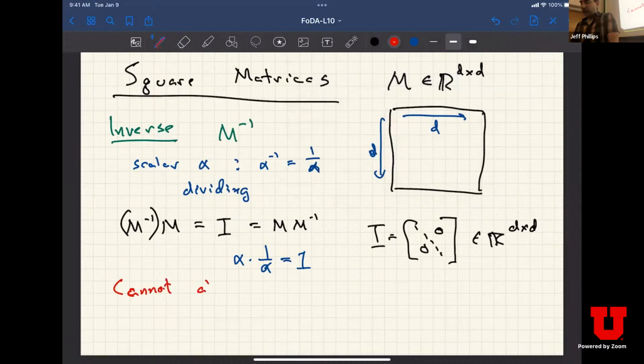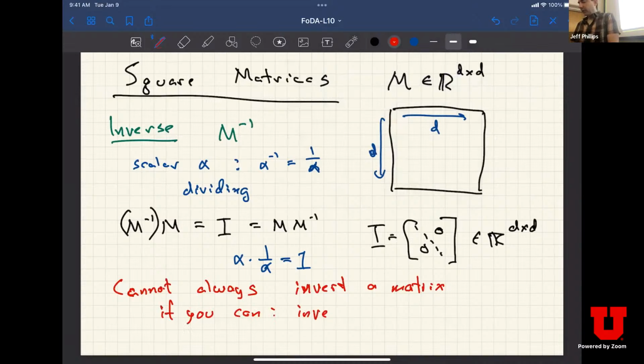You cannot always invert a matrix. Okay, so if you can, you say it's invertible.